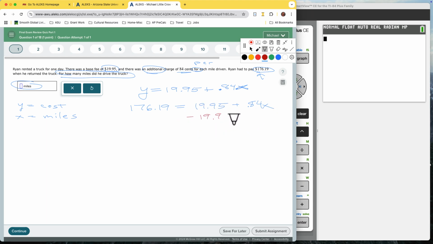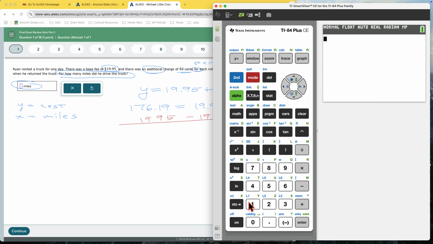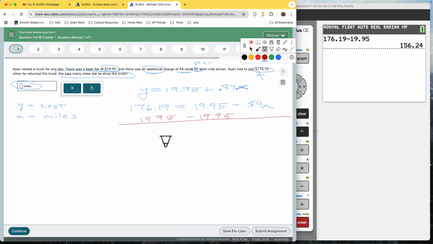Subtract 19.95 from $176.19, and it's good practice, especially when you're in an exam, to go ahead and use your calculator, even if you can do it sort of in your head: 156.24.